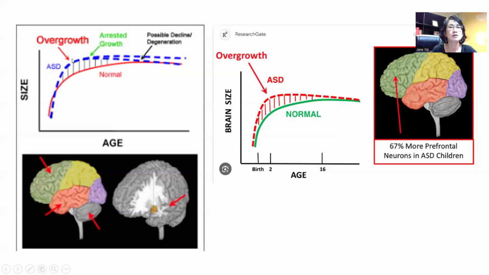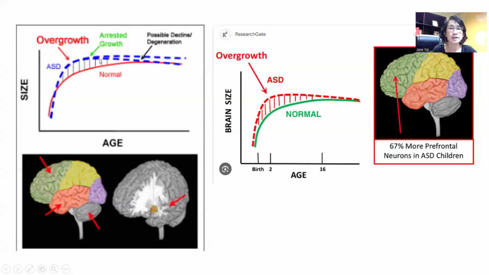So with the overgrowth, what happens is that the neurotransmission is affected. So think of a traffic jam. Having more neurons doesn't necessarily mean better. It can slow down the rate of neurotransmission.